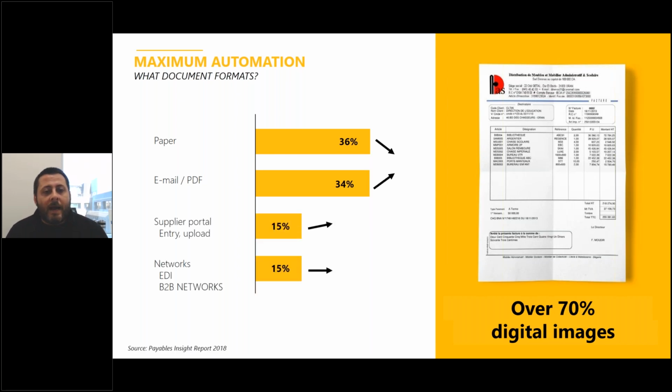When you're thinking about maximum automation, you have to consider each of the stages in the process. And in fact, supporting this, what we're also seeing is the rise of things like network invoices with EDI feeds, B2B networks. Whilst they are definitely increasing, they are not a huge proportion of the total number. But you are also seeing things like supplier portals, where you're offering your suppliers a chance to upload invoices themselves, or potentially even manually input some data into some pre-designated fields. But this all is part of that stream of incoming data into your accounts payable department.